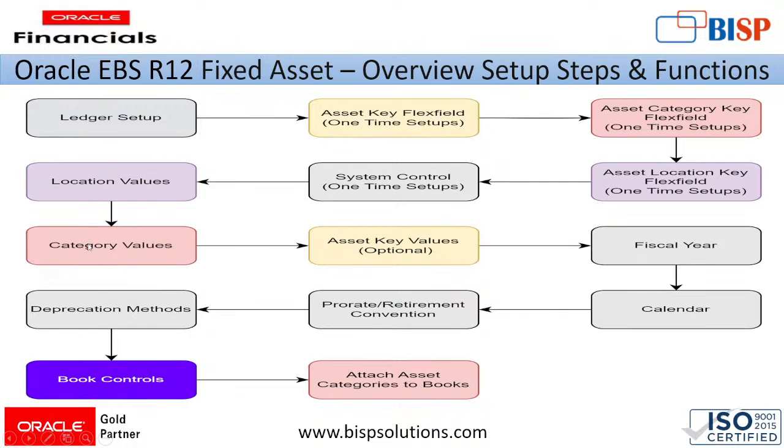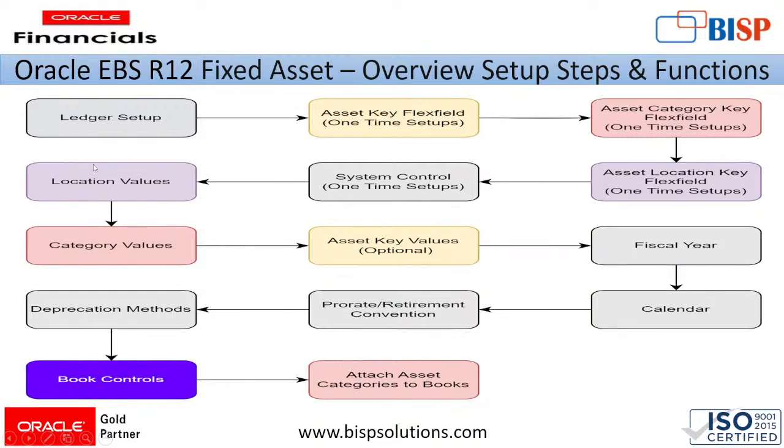So category, through value sets we put values on category. In the asset category key flexfield we put category values, and in the location key flexfield we put location values.